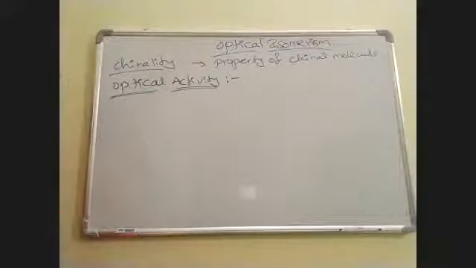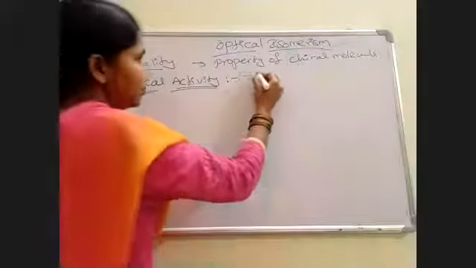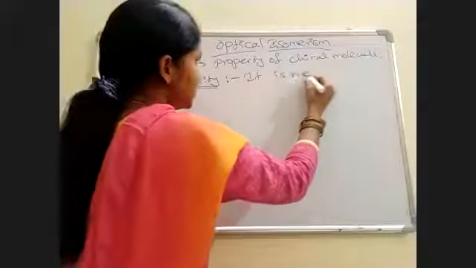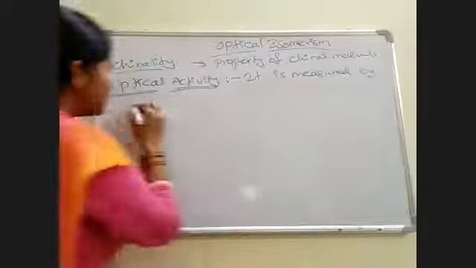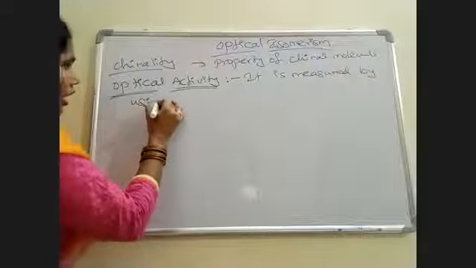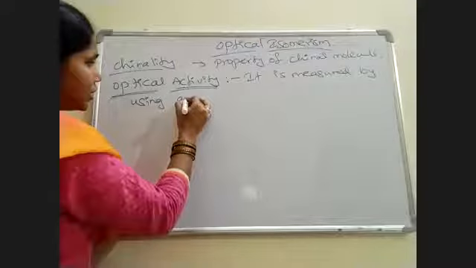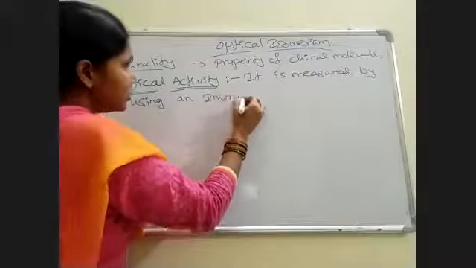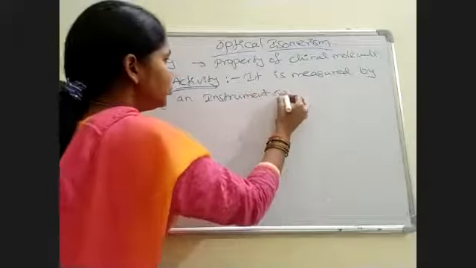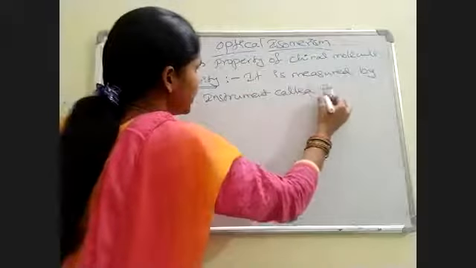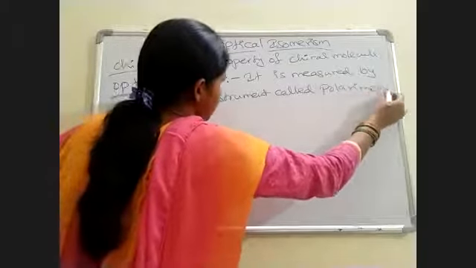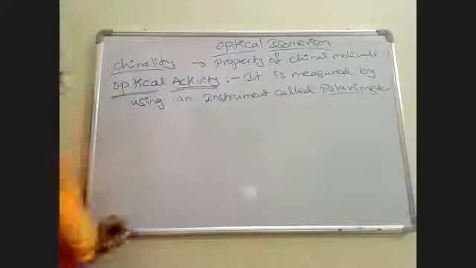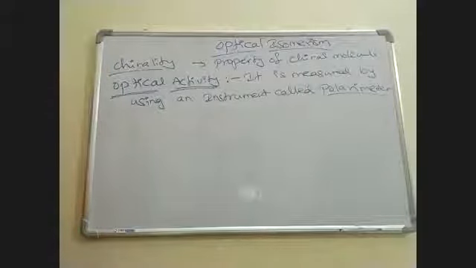Optical activity is measured by using an instrument called a polarimeter. A polarimeter is an instrument which measures the optical activity in a molecule.